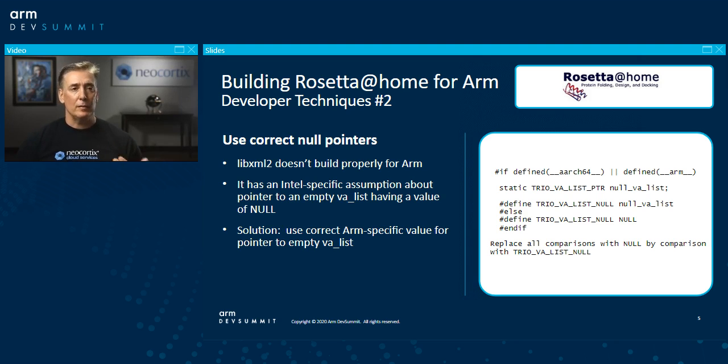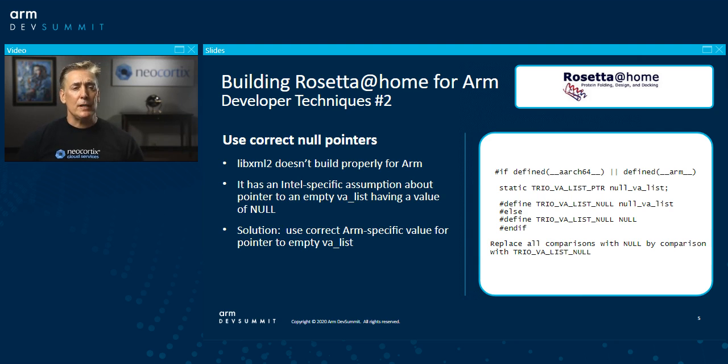You actually have to create that dummy empty pointer and compare your candidate value to it in order to get a valid, correct comparison. That was the technique he used. And of course, he had to replace all the comparisons in the code with the comparison to this newly defined null value.